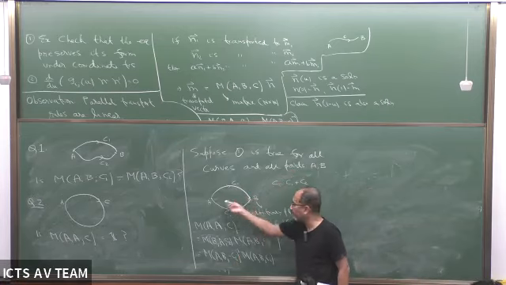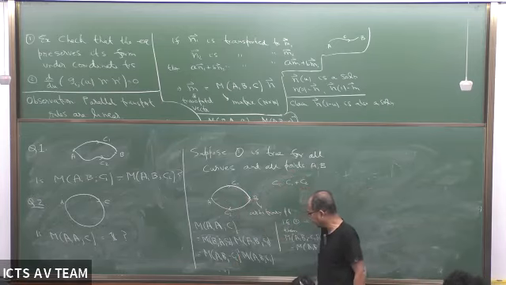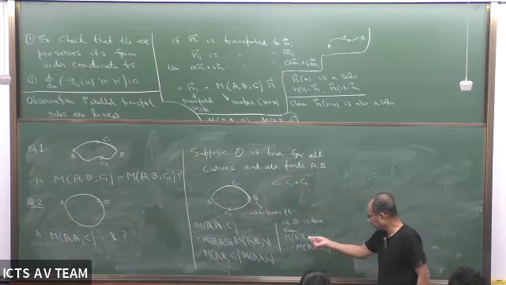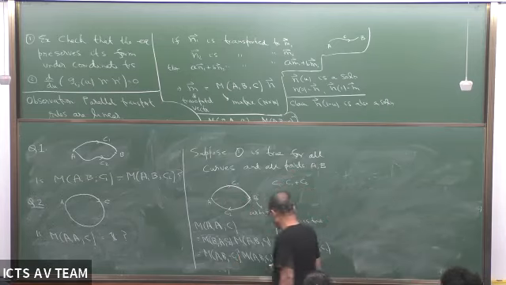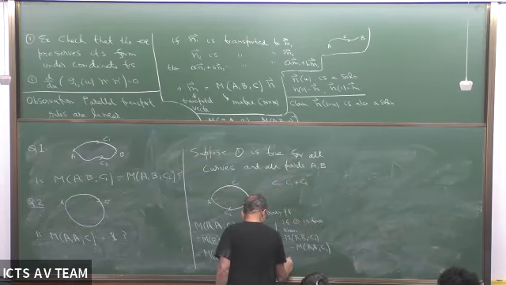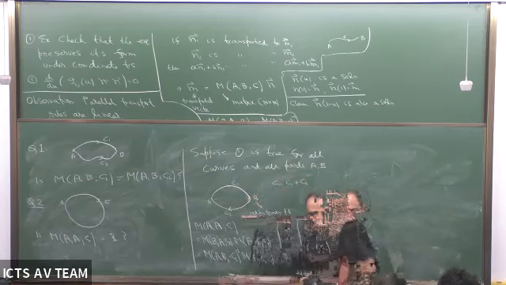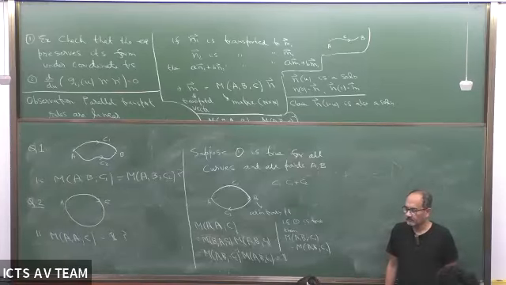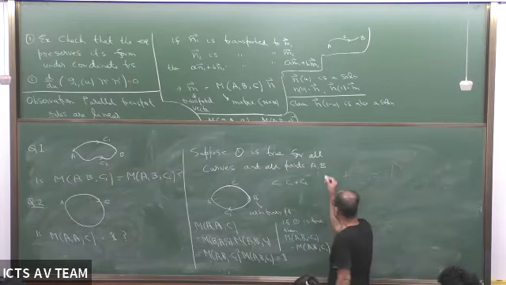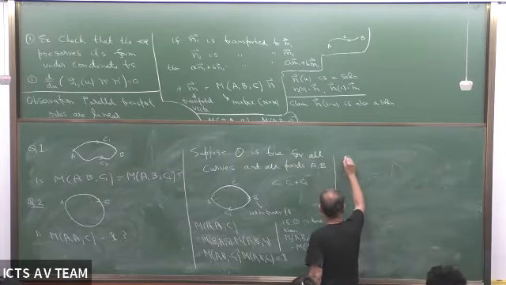So whether you go along C1 or minus C2, you should get the same result. Okay. So if you use this, then this is identity. And the reverse is also easily provable. So exercise: prove the reverse.